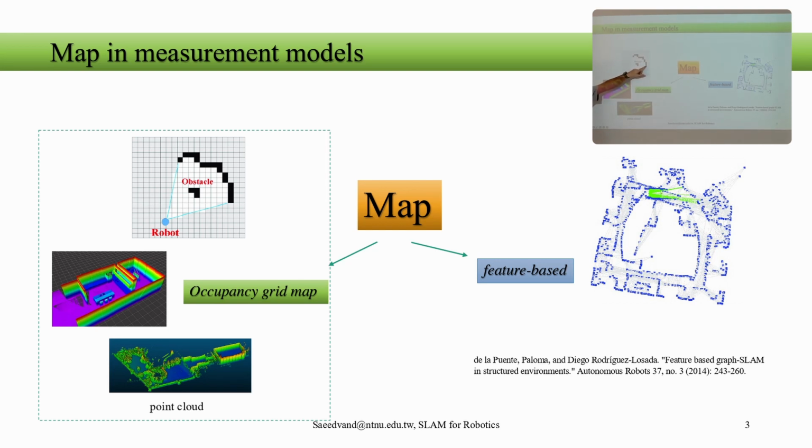But we have error, and because of the error, maybe one time your sensor model says there is an obstacle here, and the next time it says there is none. Then what do you want to do? Do you mark it as occupied or not? So based on that, we want to bring in probability and math in order to be able to say how likely it is that there is an object over there.